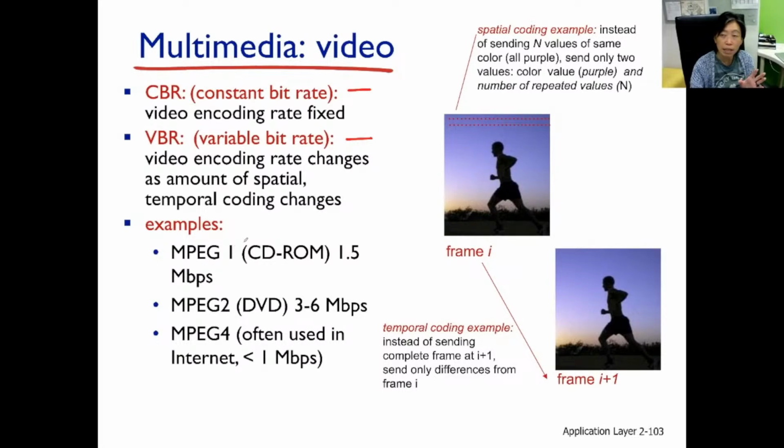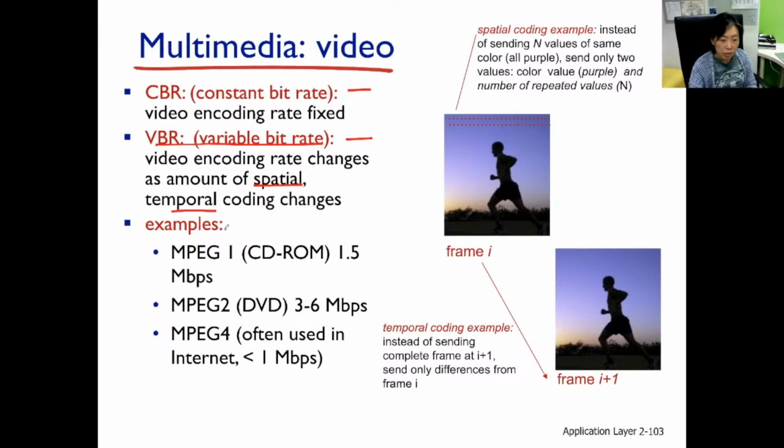It really depends on the amount of spatial and temporal redundancy you can exploit. For movies with really fast action, you don't get a very good compression rate, because the difference between frame I and frame I+1 is usually large, so you don't get to save too much. As a result, the bit stream you send out is at a different bit rate. Lots of action, high bit rate. Not much motion, low bit rate.